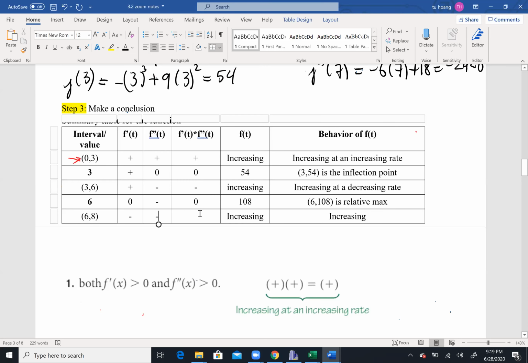So the product has to be positive, right? So then f(t) has to be decreasing, and the behavior of f(t) is decreasing at an increasing rate, because the product is positive, right?